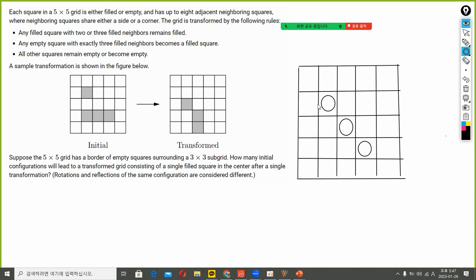And now after transformation, this will disappear because there is only one filled neighbor. In this case, the filled square becomes empty.